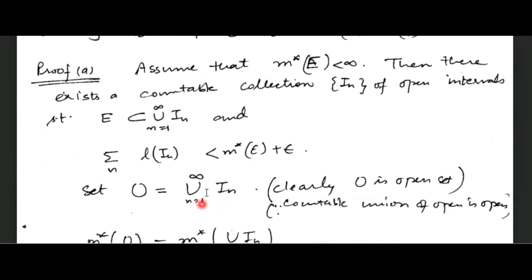Now we put the union of these I_n as O. Since we know that a countable union of open sets is open, the set O is open. So we get the set O which contains E.